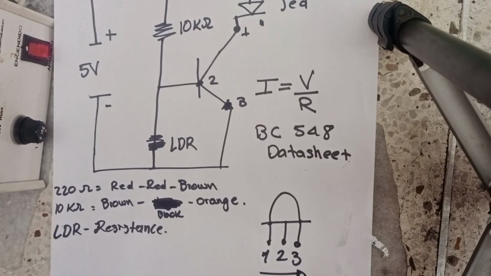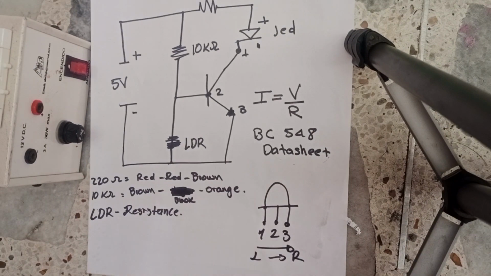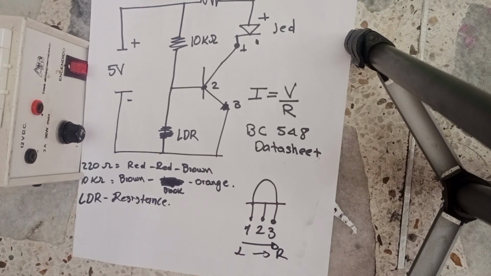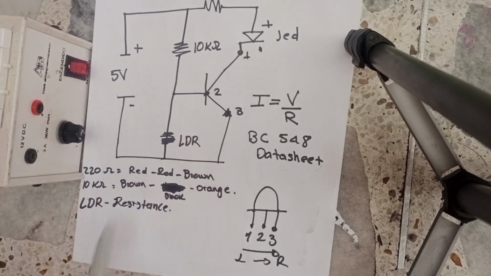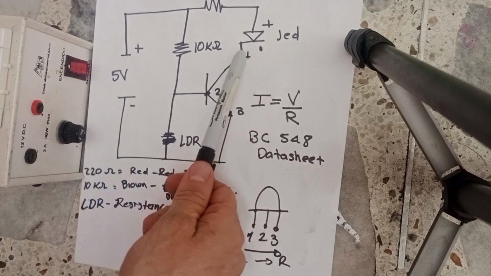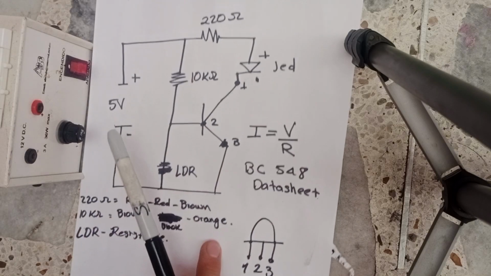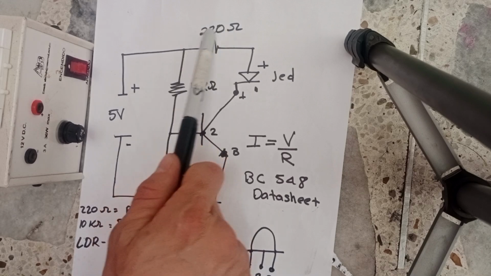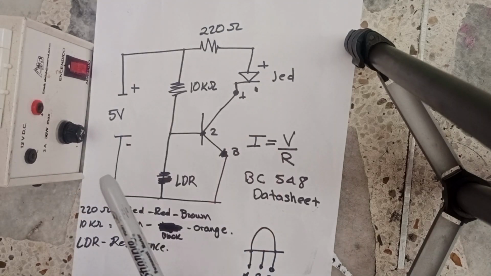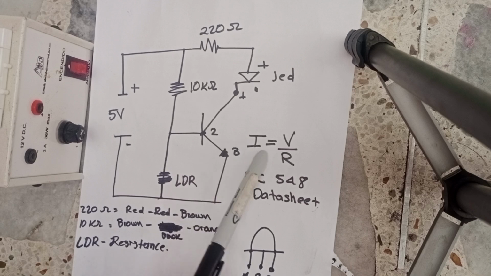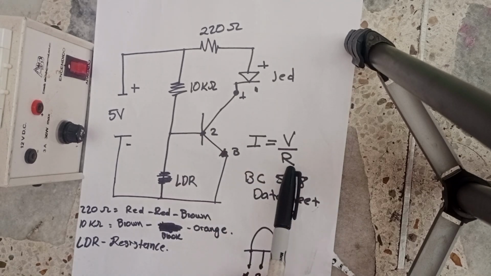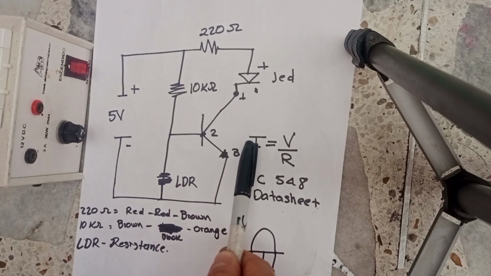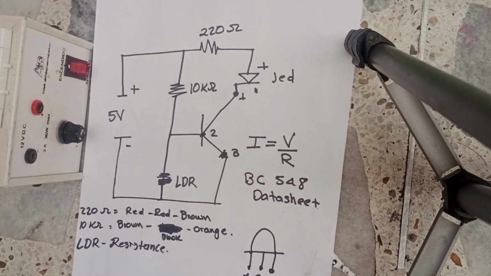Now this is the way that you're going to connect this. At pin number 1, the main idea is that 5 volts is flowing. This resistance is helping us to reduce the current: more resistance, less current; less resistance, more current.